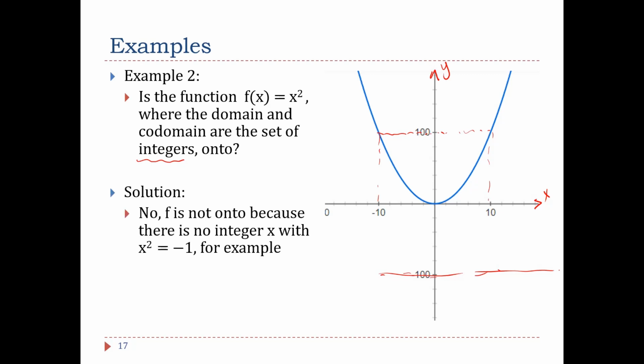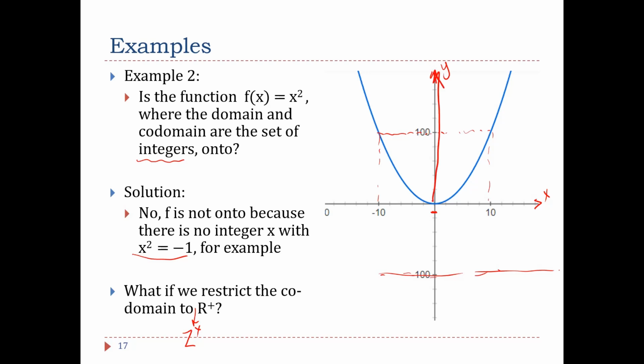There's no integer x with x squared equal to minus 1, so minus 1 has no pre-image. What if we restrict the codomain to Z plus, the set of positive integers, so we take our function from Z to Z plus?